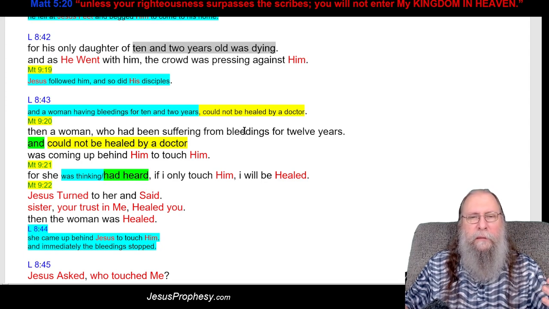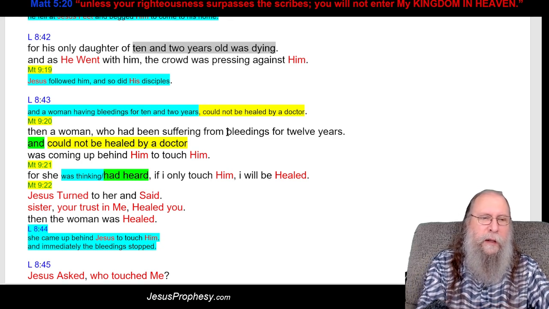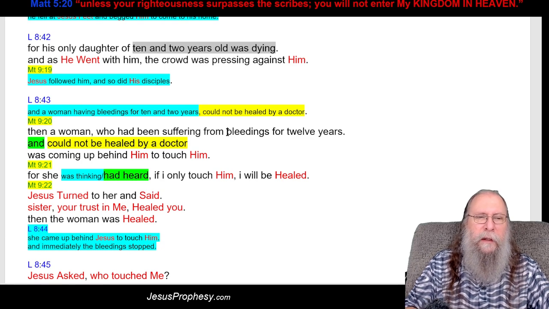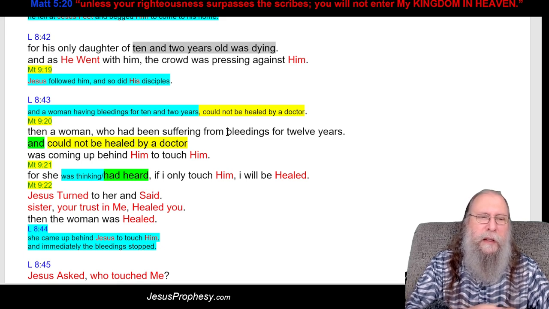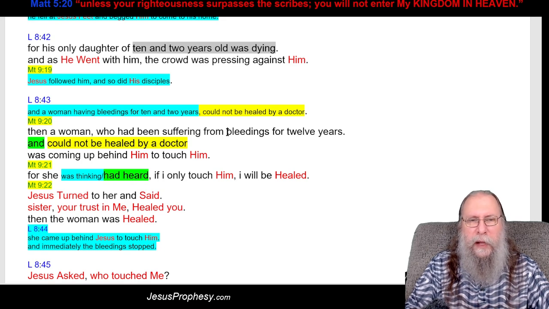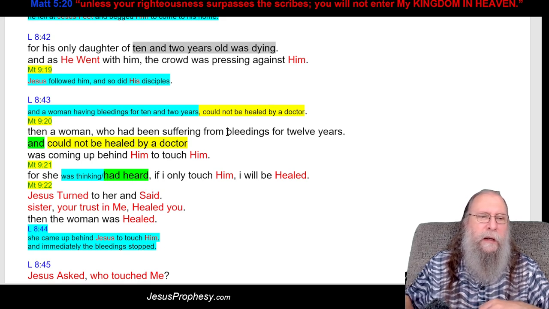Now, this bleeding is a lack of what we know today as white blood cells that coagulate, that causes a scab and stops the bleeding. And she's one that doesn't have enough white blood cells, so it's over bleeding that she can't stop when it happens to her when she gets cut.